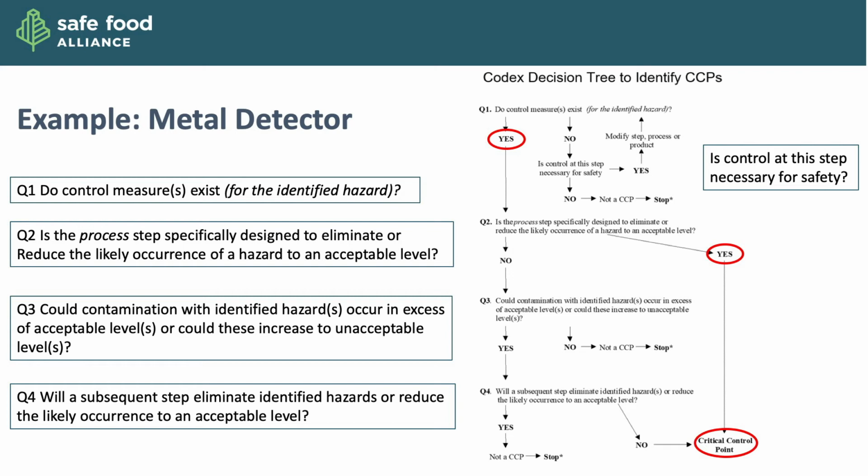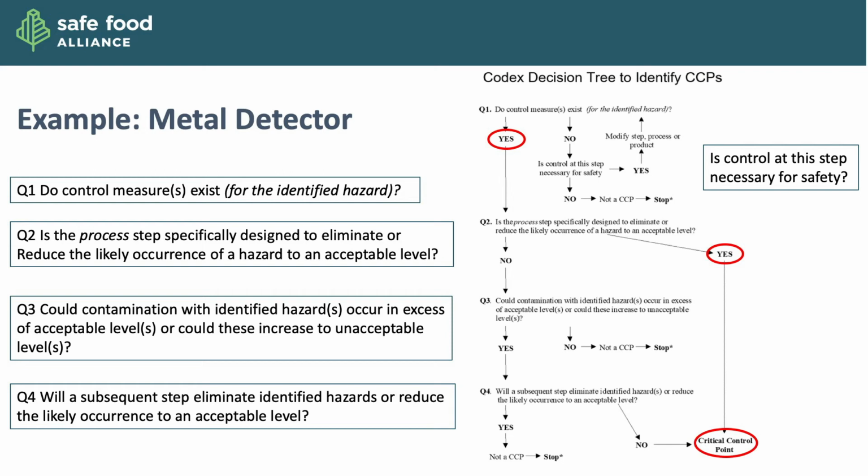So now we move on to question number 2. Is the process step specifically designed to eliminate or reduce the likely occurrence of a hazard to an acceptable level? So for the metal detector, yes, if it's a properly validated, properly verified metal detector, it's reducing metal, in this case, down below 7 millimeters in size, or maybe even smaller to meet certain customer specifications.